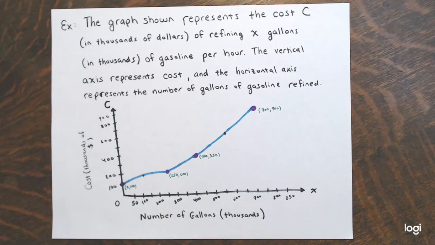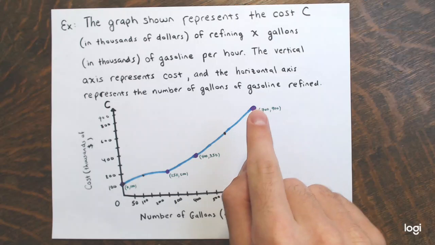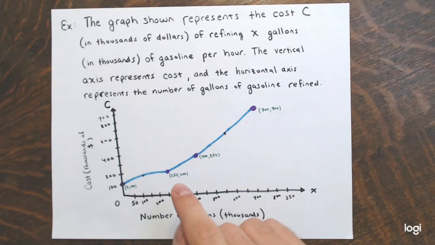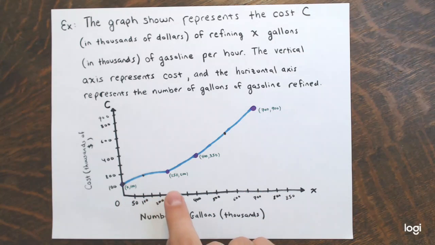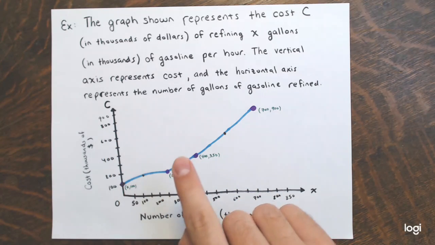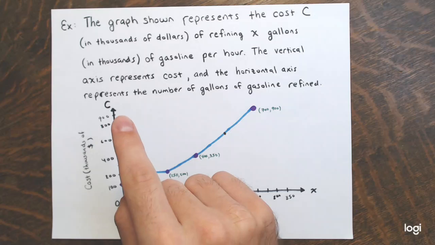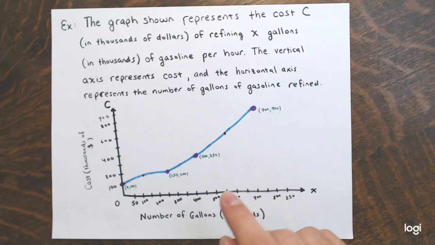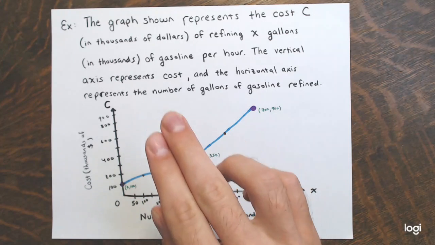And another thing you can see too, hopefully this would be obvious, is that the graph is going upward as I move from left to right, meaning that as the number of gallons I refine increases, the cost is also increasing. If I'm looking at another graph and it's going down as I move from left to right, that means as one variable increases, the other one decreases.